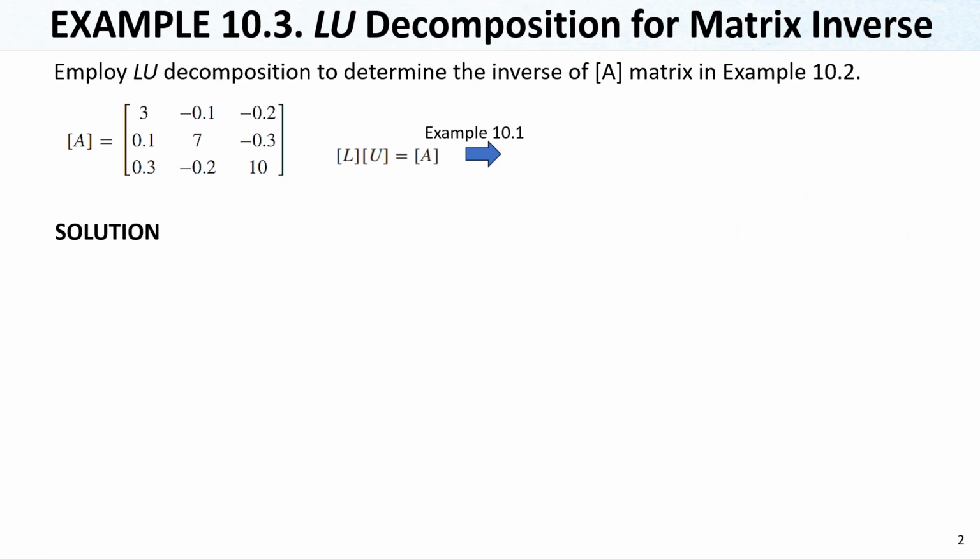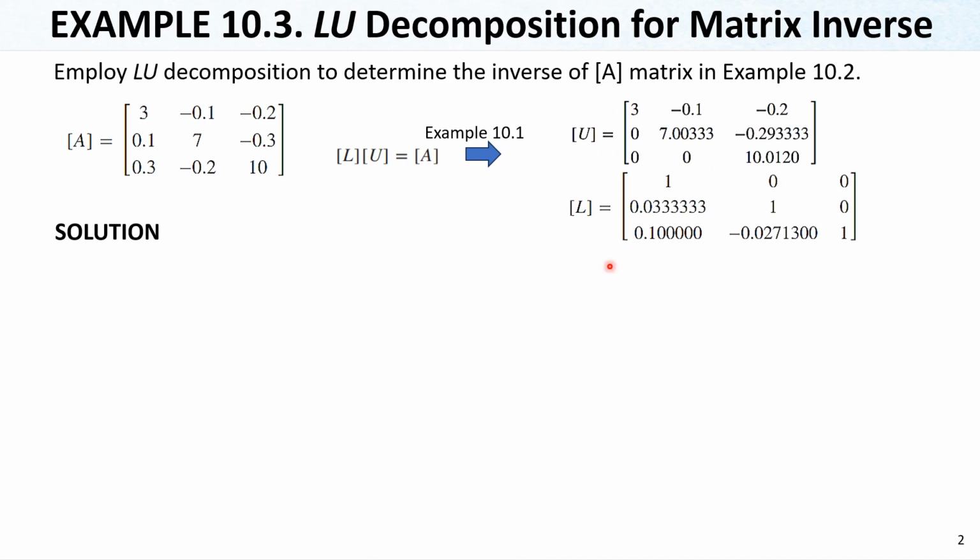We have an example here, example 10.3, to use the LU decomposition for taking the matrix inverse, and this is the A matrix from examples 10.1 and 10.2, of course. In 10.1 we already decomposed this into L and U, and you will do the same for finding the matrix inverse as well. Just decompose the A matrix to L and U, and these were the matrices that we found.